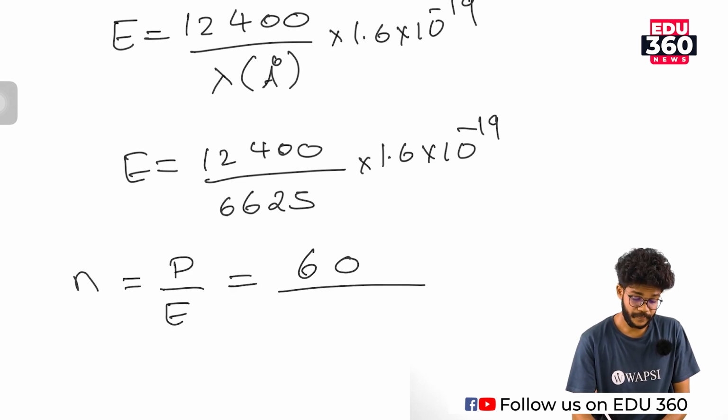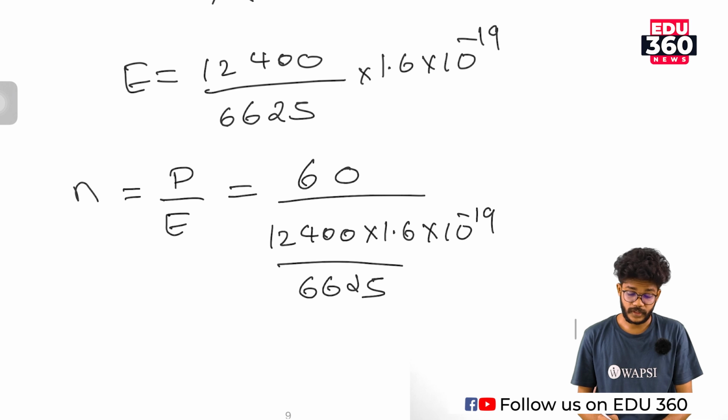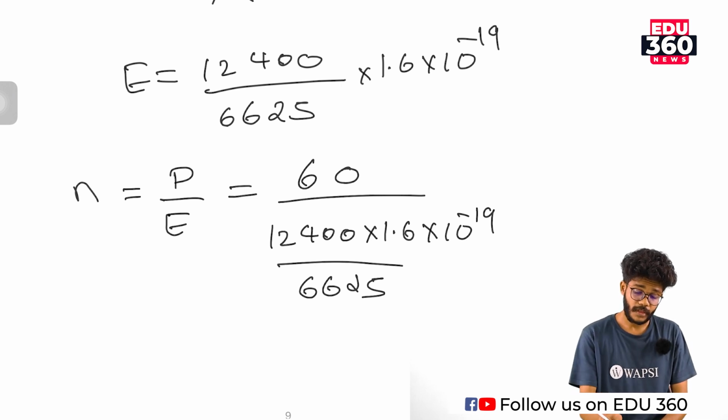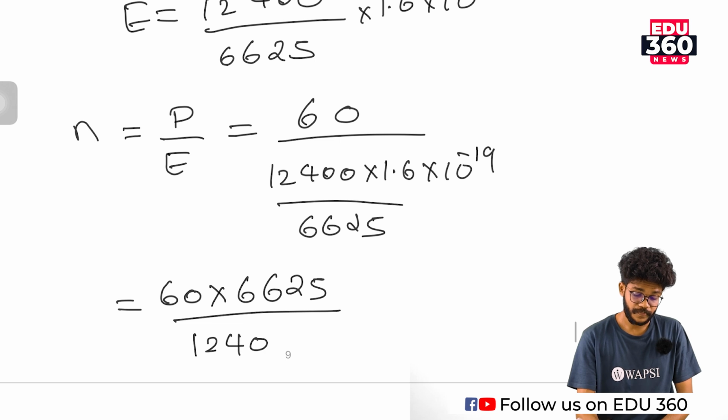So 60 by 12,400 into 1.6 into 10 raised to minus 19 by 6,625. Take the 6,625 to the numerator: 60 into 6,625 divided by 12,400 into 1.6 into 10 raised to minus 19.